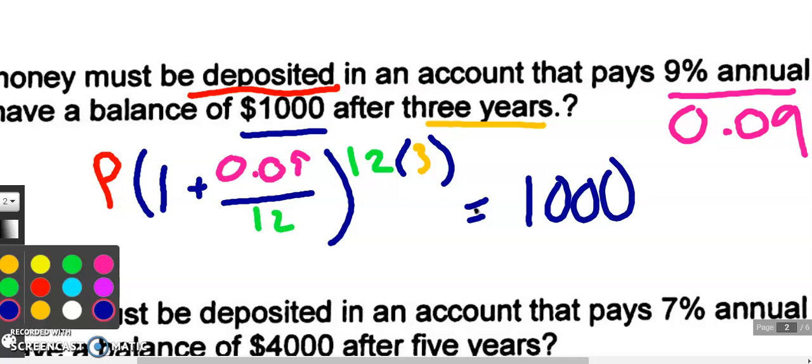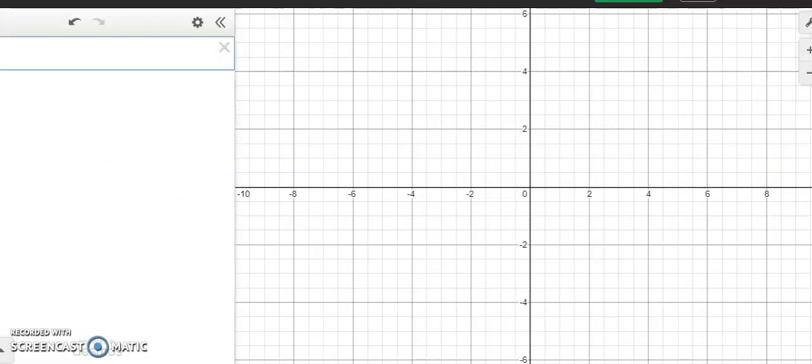So what I'm going to do is type in everything that I know. So 1 plus 0.09 over 12 raised to the 12 times 3 power. So that's 1.309.